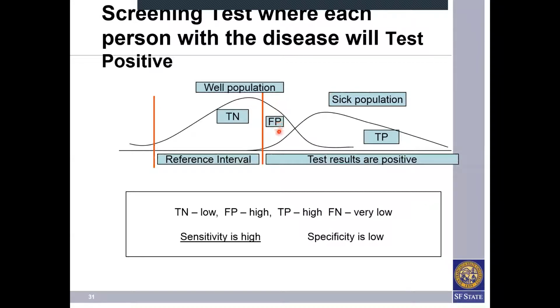Which is okay, because then you can follow up with a confirmatory test afterwards and determine whether or not those people are actually sick. So the strategy for a screening test for a very treatable disease, where you want to catch it as early as possible and as many people as possible, is the highest sensitivity. You're willing to sacrifice specificity to do it. High sensitivity, and you're sacrificing specificity.